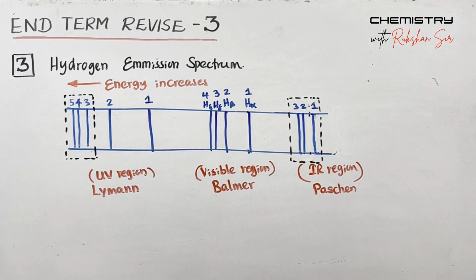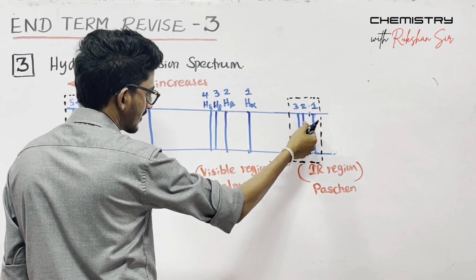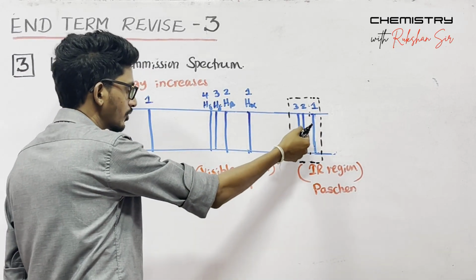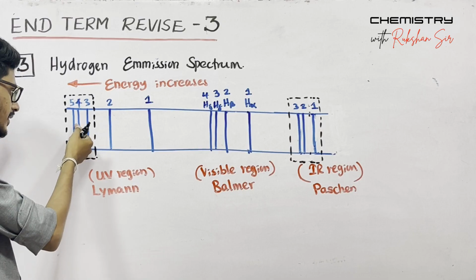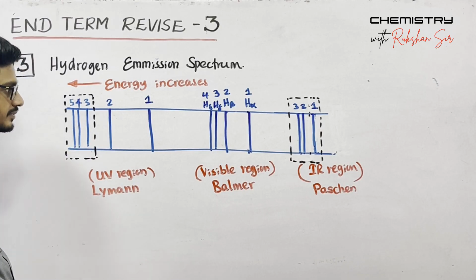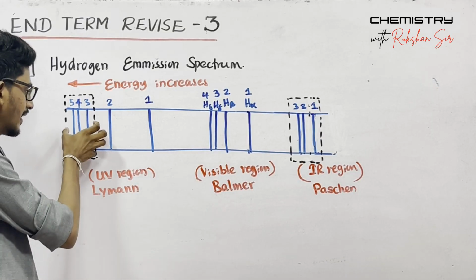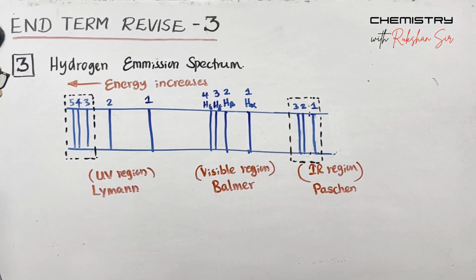You clearly see that the distance between the second and third lines of Paschen is actually equal to that between the fourth and fifth lines of Lyman. I just took this third line and copy pasted it as the Paschen lines.